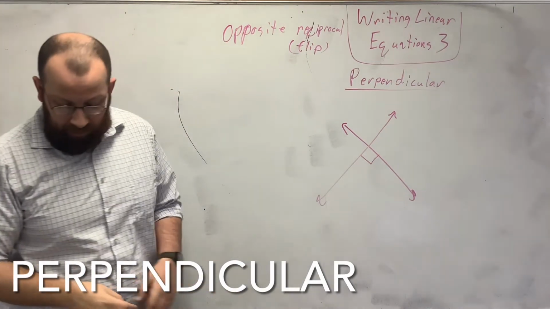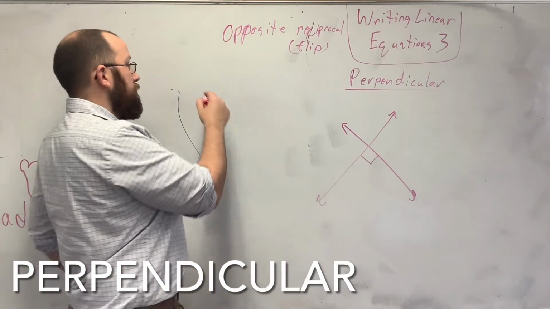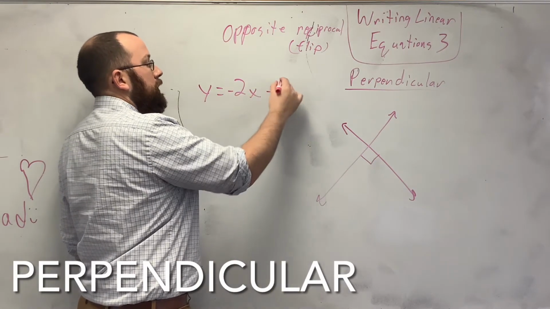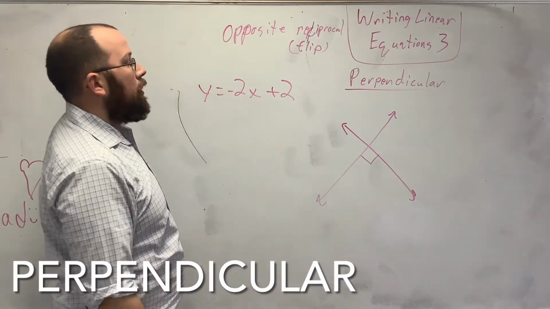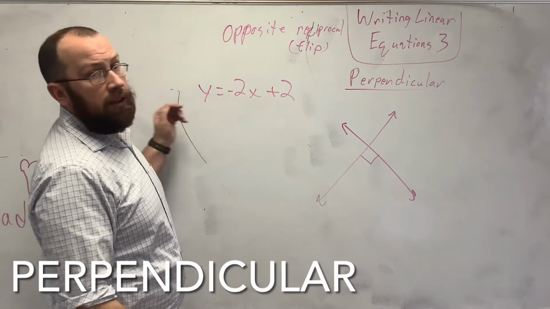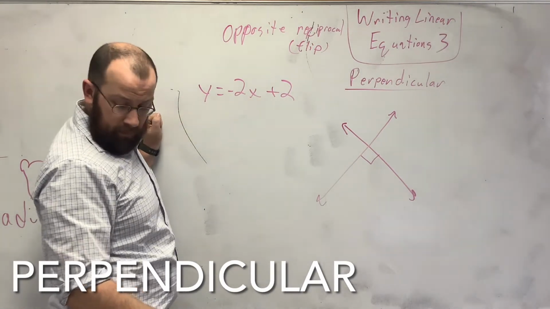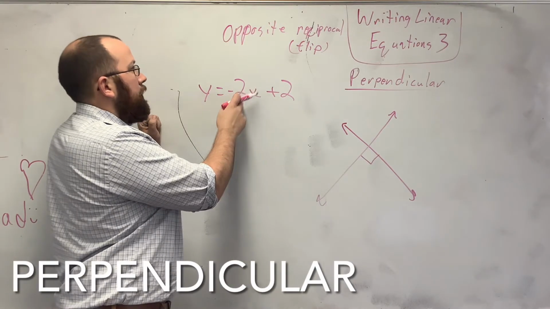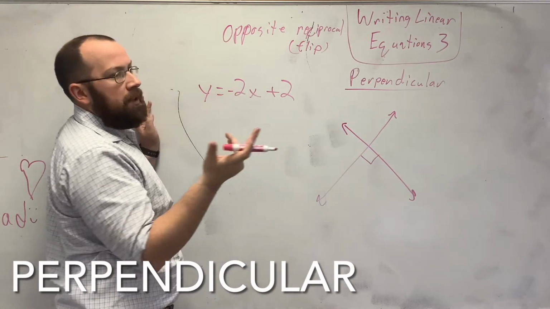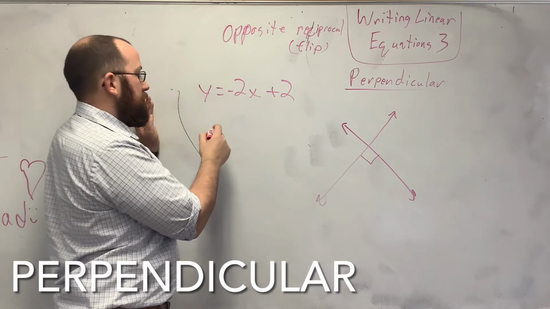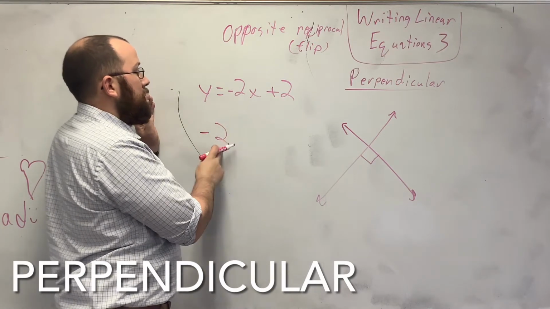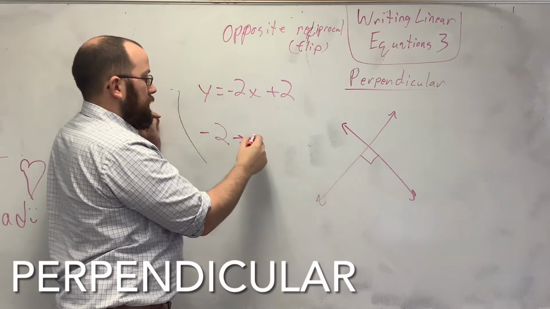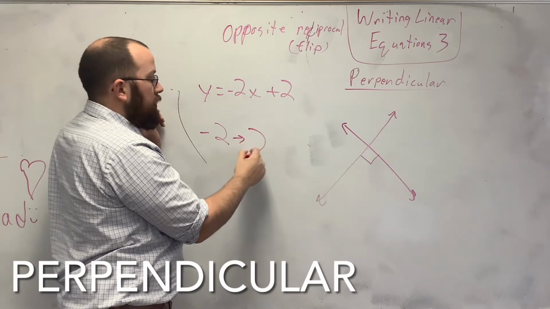All right, let me show you one first. So if I have y equals negative 2x plus 2, I want to know a line that is perpendicular to this line. So tell me a slope that is perpendicular to this. So I take the number negative 2, and I take the opposite. What's the opposite of negative 2? 2.